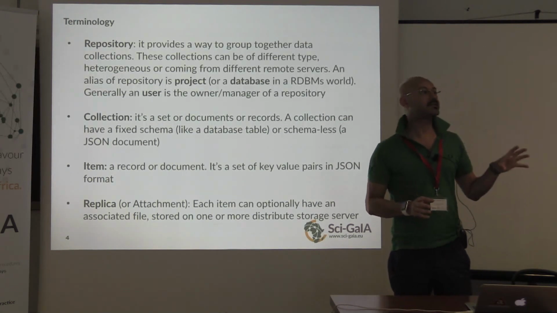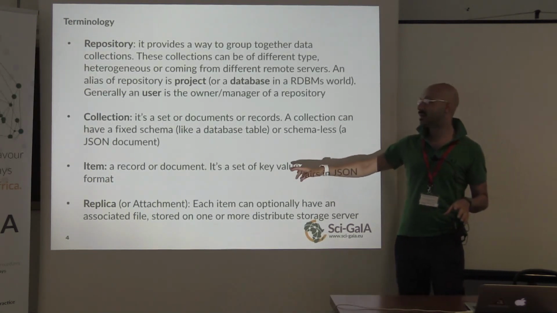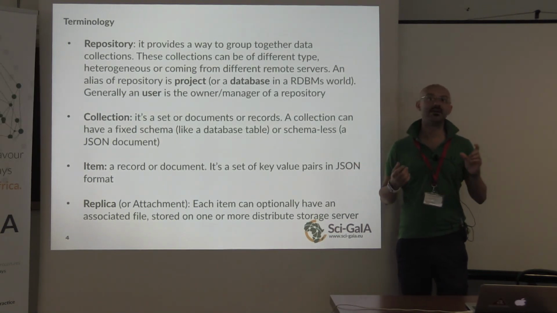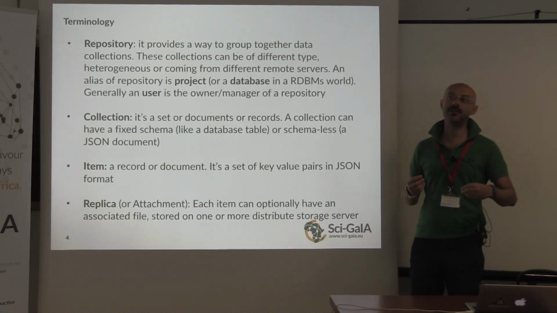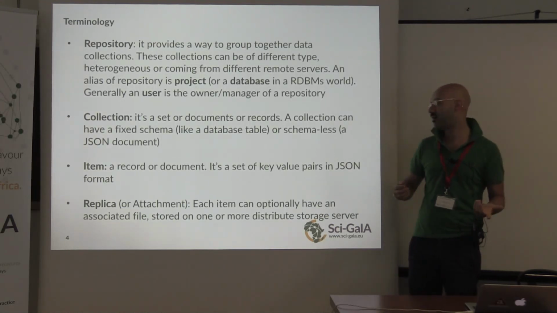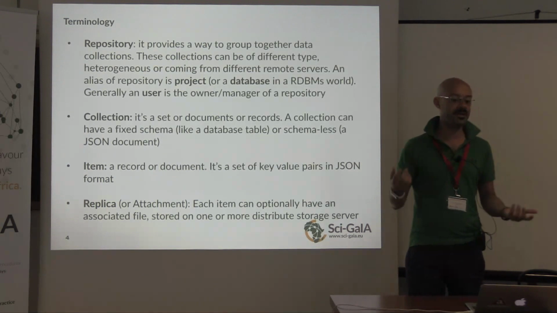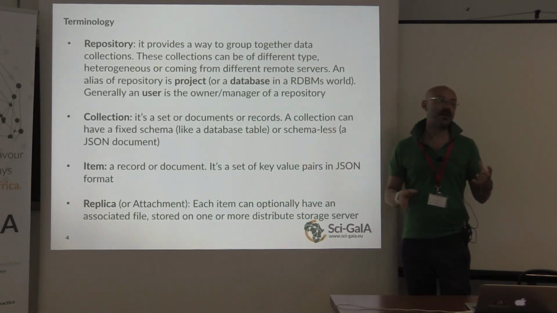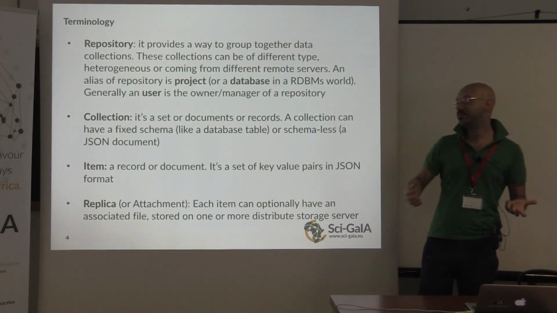Then we have an extra feature that is the replica or attachment. For each item, for each record of our datasets, we can attach some digital objects, some files, some JPEG, some PDF. And so, for example, our item can be some metadata that describes this object.